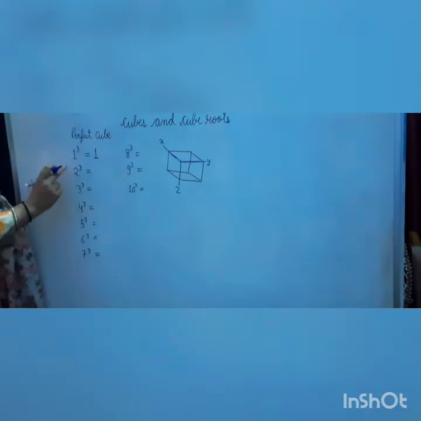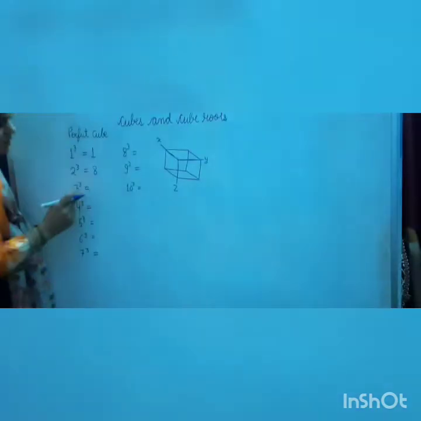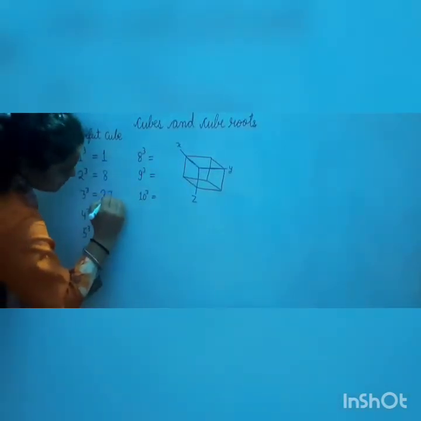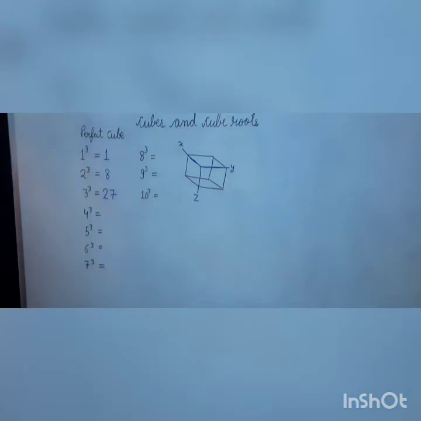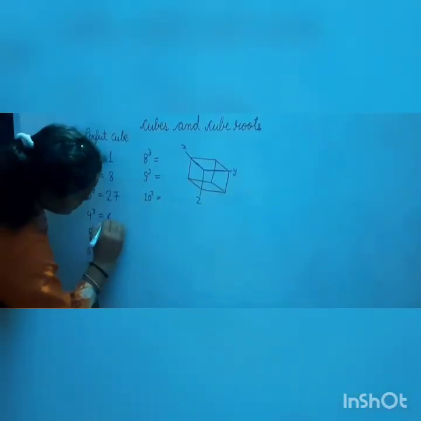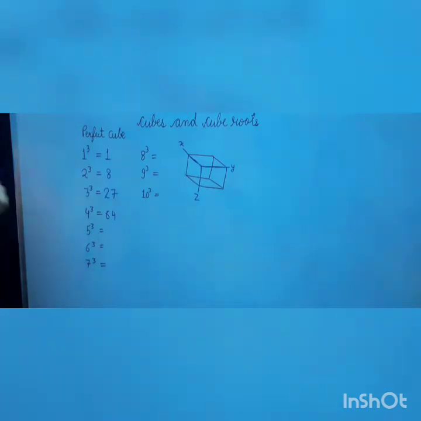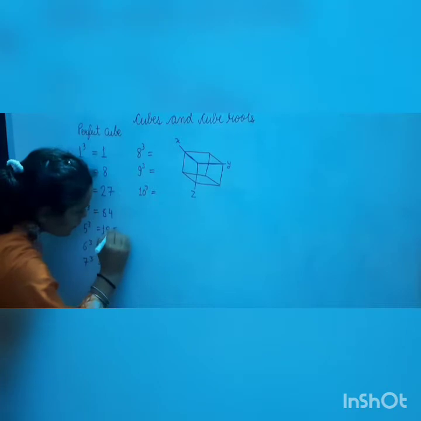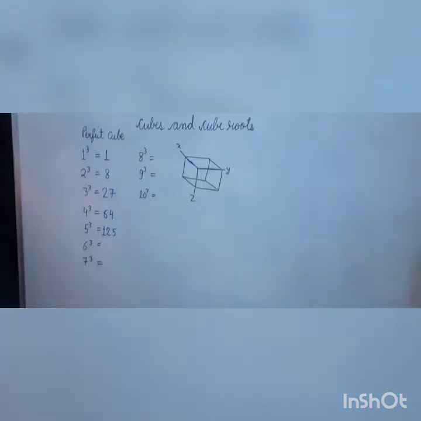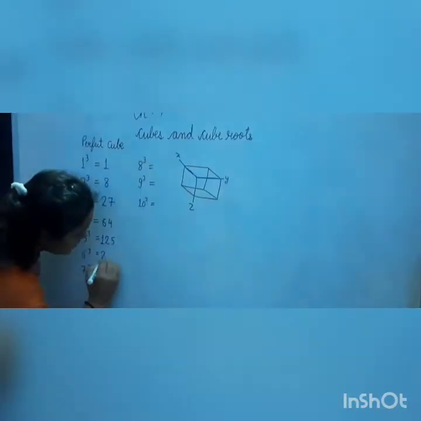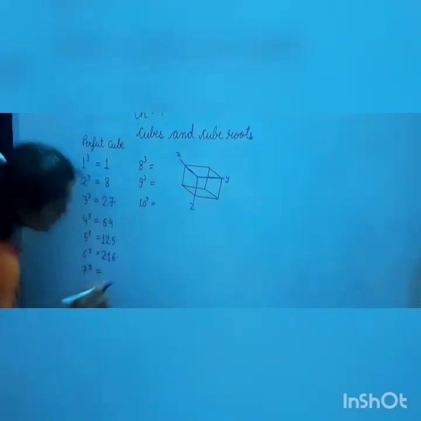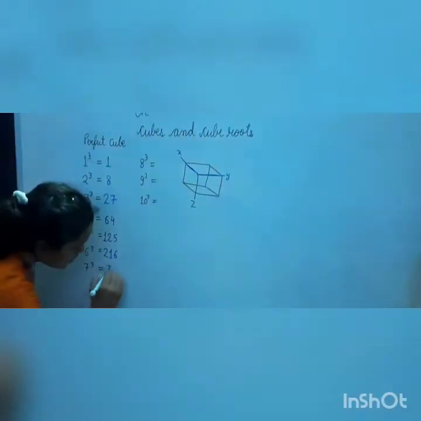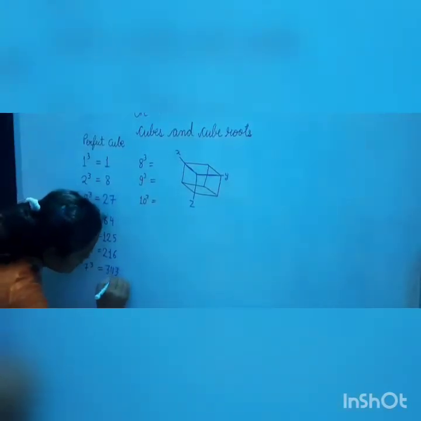So 2 times 2 is 4, 4 times 2 is 8. 3 times 3 is 9, 9 times 3 is 27. 4 times 4 is 16, 16 times 4 is 64. 5 times 5 is 25, 25 times 5 is 125. 6 times 6 is 36, 36 times 6 is 216. 7 times 7 is 49, 49 times 7 is 343.